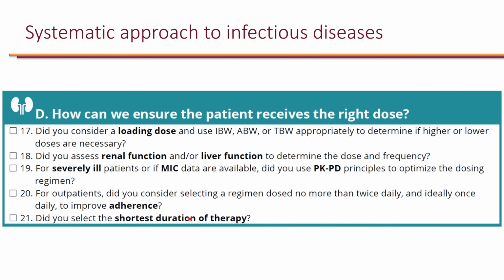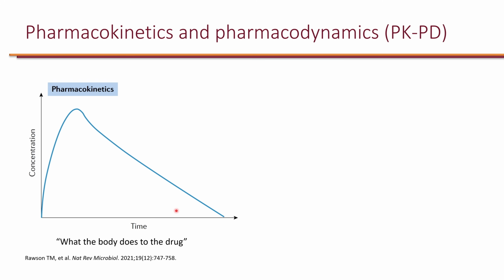And of course, always think about duration of therapy. In general, the shorter the duration of therapy, the better, because of adverse effects and unintended consequences of antimicrobial agents. So you want to choose the shortest duration of therapy that's proven to be effective.